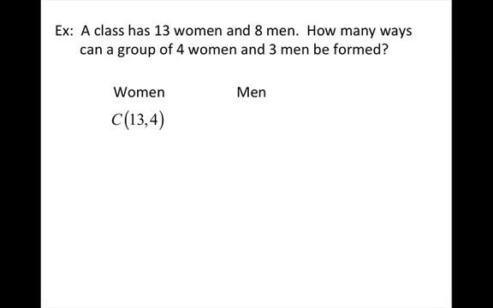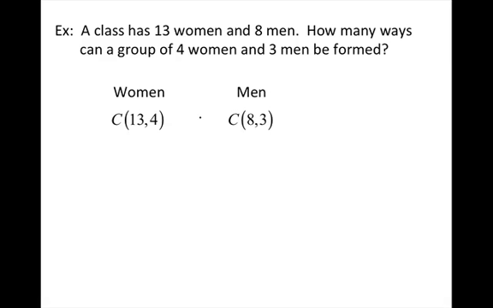For the women, I have 13 choose 4. For the men, I have 8 choose 3. These are 2 separate actions, so I'm going to apply my fundamental principle of multiplication, and I'm going to multiply these 2.